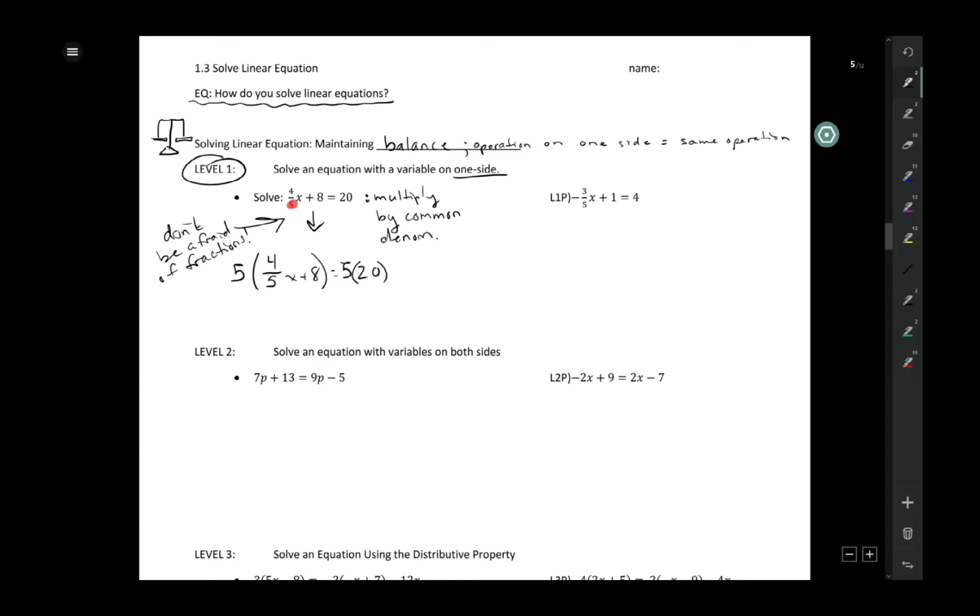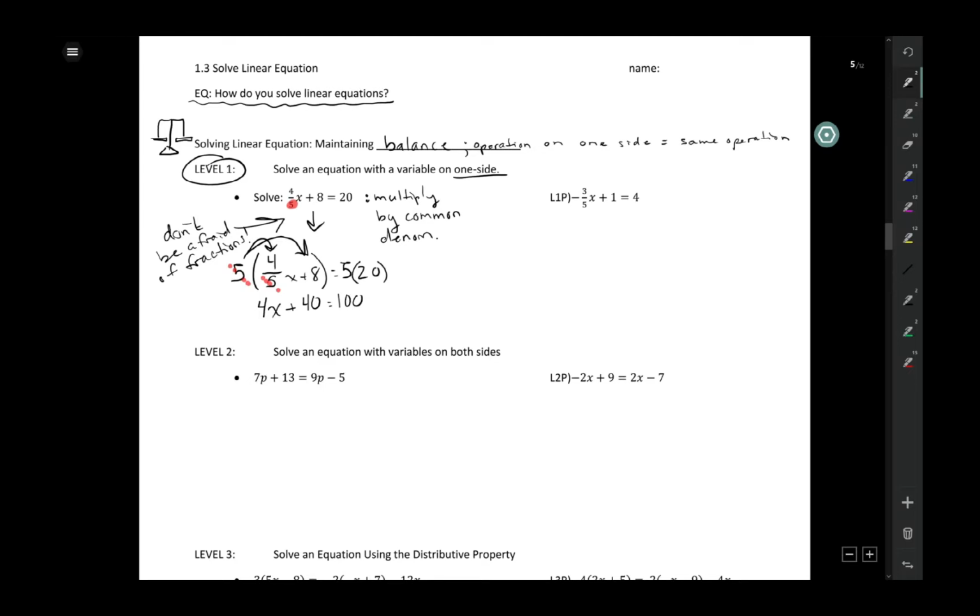First, you need to distribute the 5. 5 times 4/5, if you do that in your calculator, a fancy thing happens. The reason we choose 5 is they just kind of knock each other out, so you're left with just a 4 and x. Now 5 times 8, hopefully you can recall that to be 40. And 5 times 20 is 100.